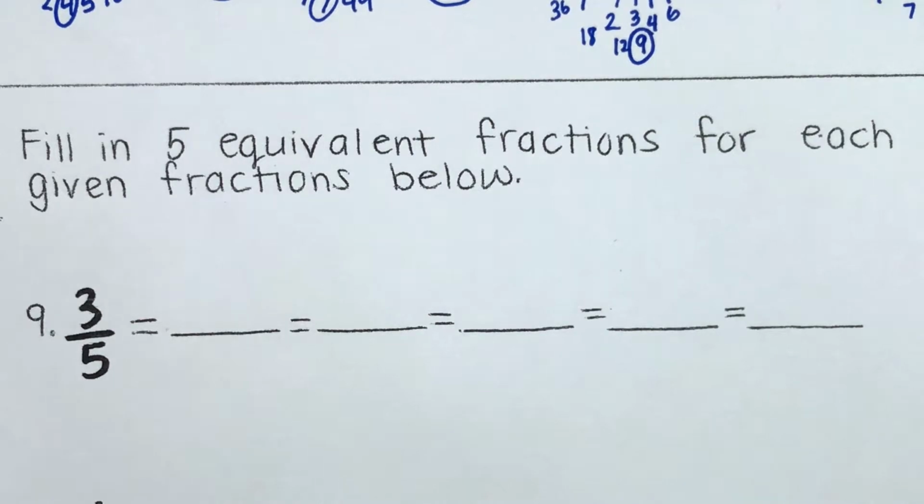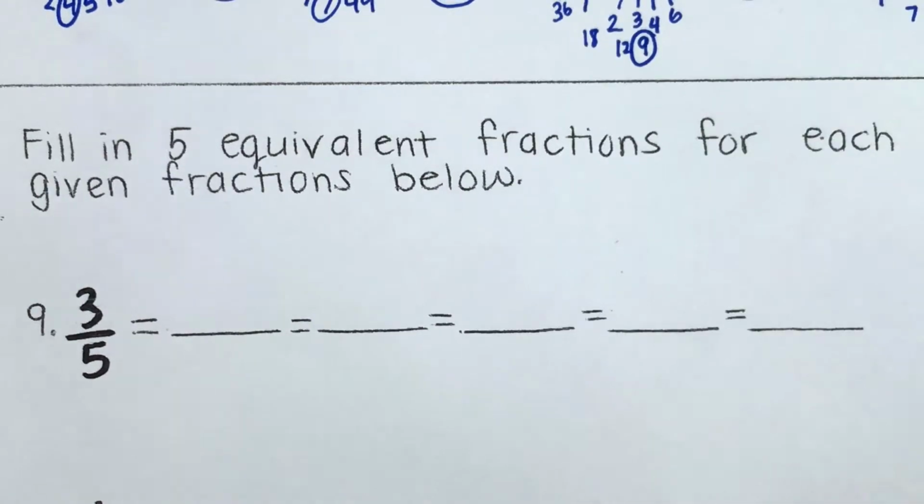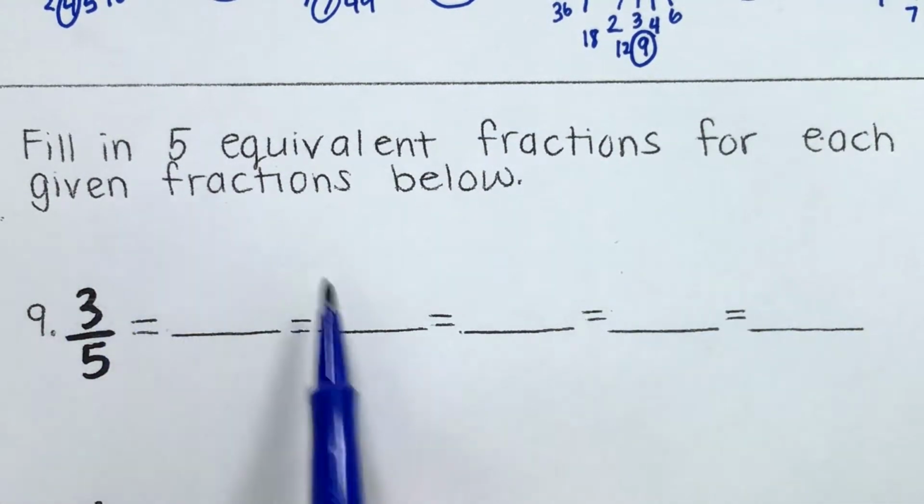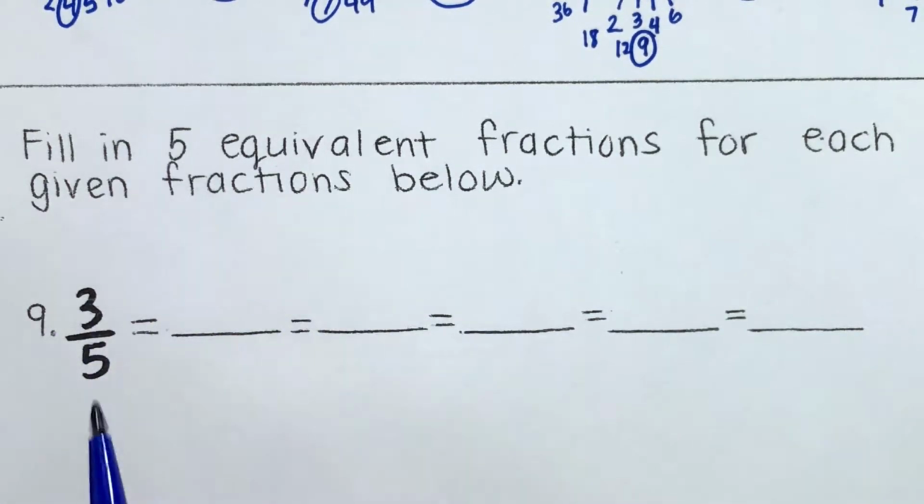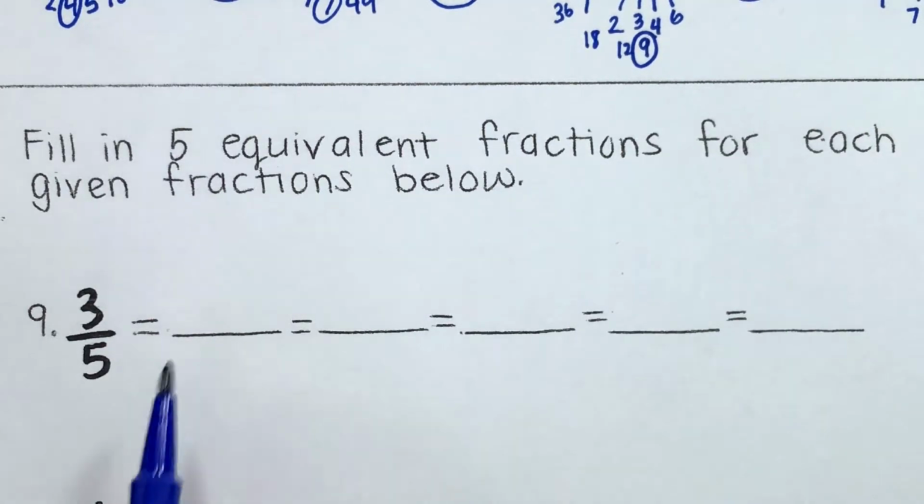So what I'm trying to say is that you could really have different answers than I'm going to have. I'm going to go through just 2, 3, 4, 5, 6 this time so that you can see those possible equivalent fractions. But if you chose to multiply by another number, say 10 or 11 or any numbers really, they could still be equivalent, which means you're not wrong. But I'm going to go through just the basics here.